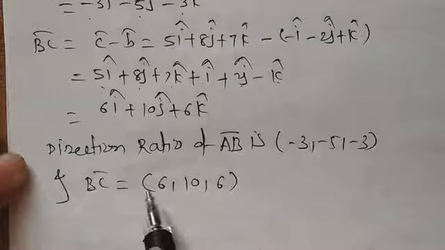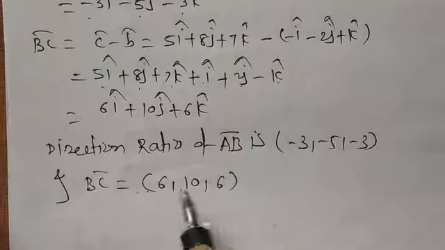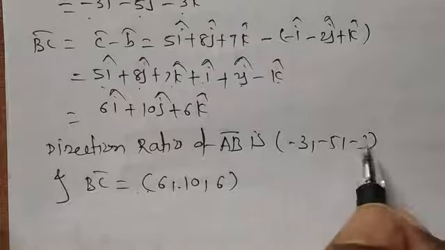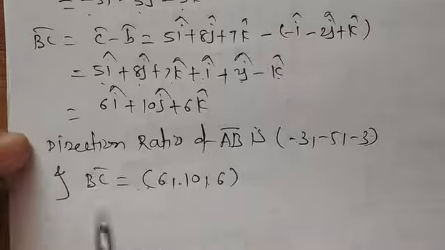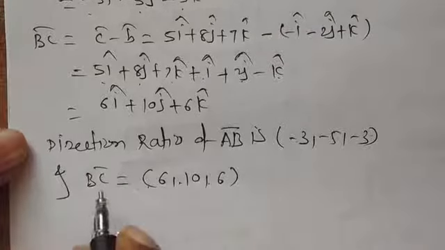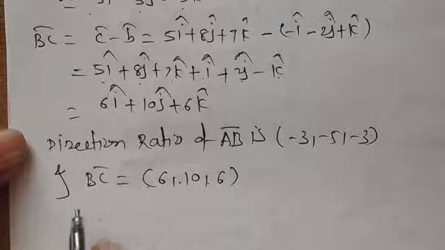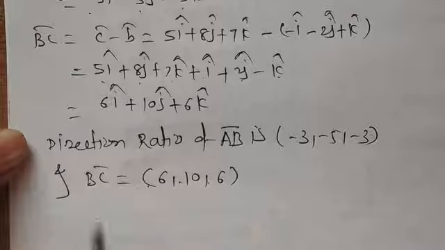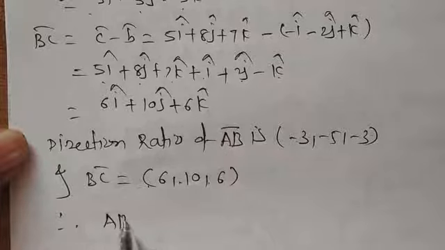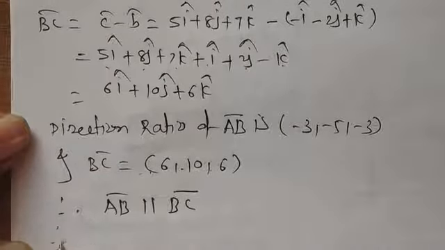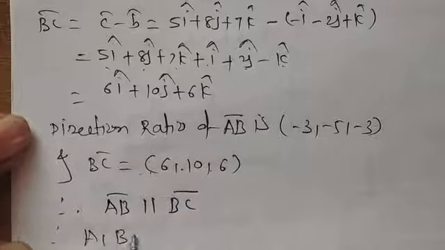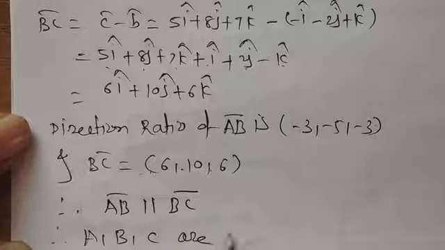Minus 3 by 6, minus 1 by 2; minus 5 by 10, minus 1 by 2; minus 3 by 6, minus 1 by 2. The ratios are the same. Hence, they are proportionally equal. The direction ratios are proportionally equal. Therefore, AB bar is parallel to BC bar, and hence A, B, C are collinear.